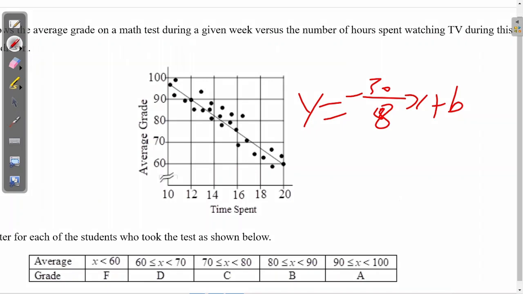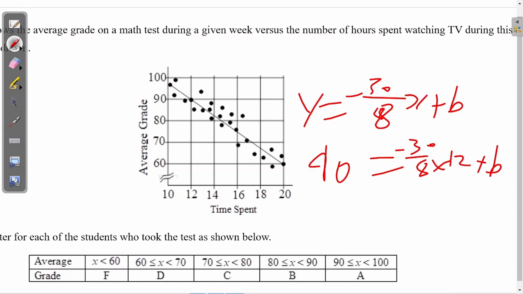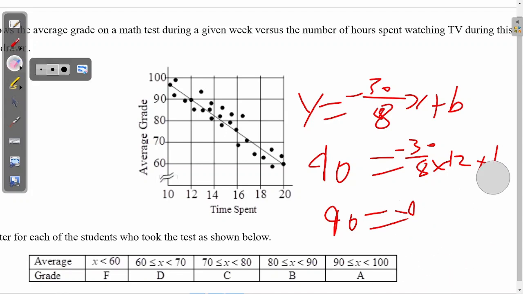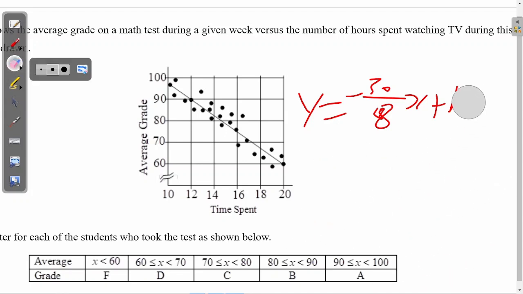Let's use 12, 90, so 90 equals negative 30 over 8 times 12 plus b. That's negative 45. So b equals 135. So the equation is y equals negative 30 over 8 x plus 135.